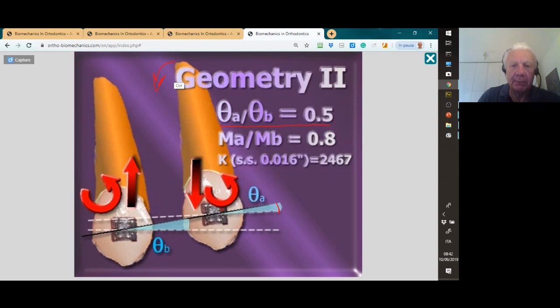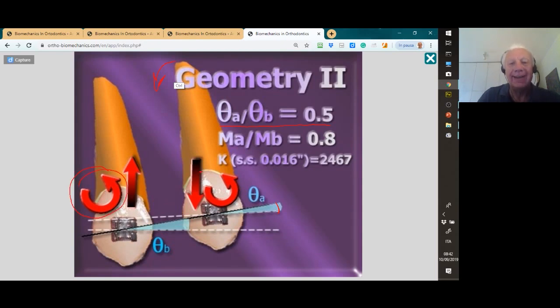So what happens is that we have a ratio between the moments which is 0.8. So if this is 1, this is 0.8. And this is also coupled with a situation where this moment is going down.